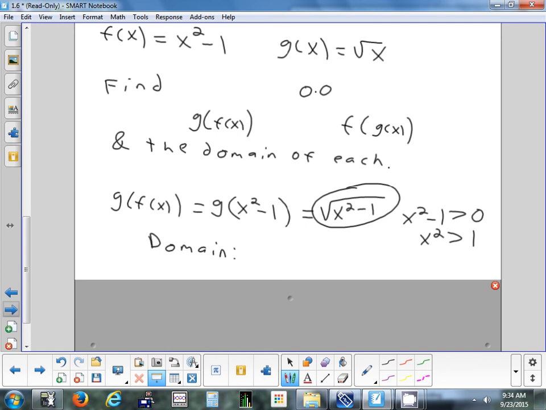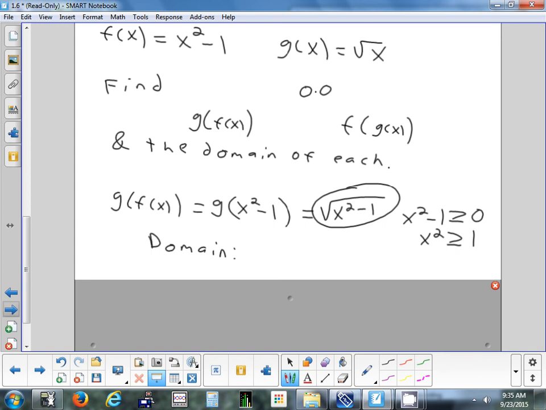Actually, this could equal 0. That's okay. Could be greater than or equal. No, can't use 0. 0 would be a problem. If you square 0, you wouldn't get something bigger than 1. A half wouldn't work either. If you did a half squared, a half times a half would be a quarter.